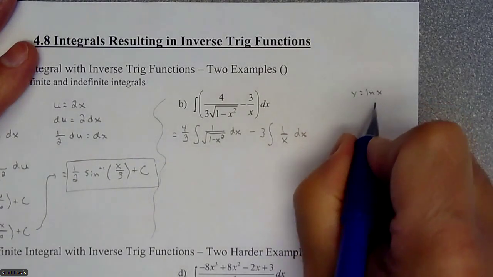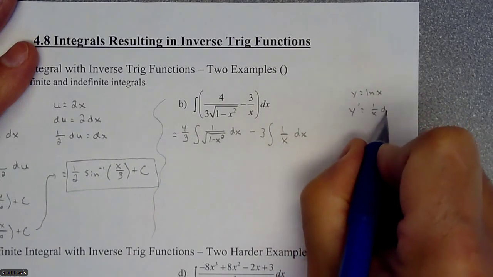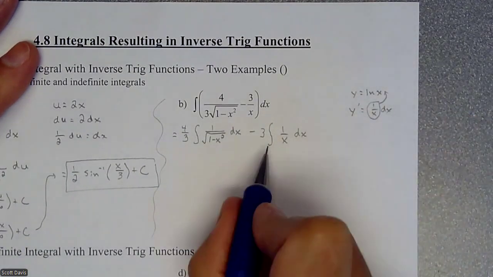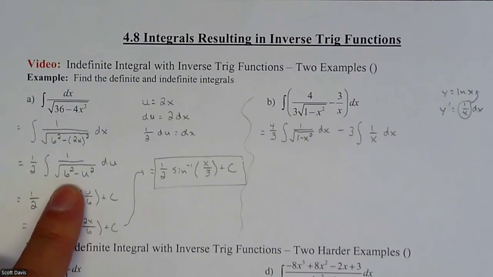All right, so I have a very natural log feeling on this. If I take the derivative of a natural log, I get 1 over x dx. So I'm going backwards on it, and that's going to be a natural log. So it's just going to be a 3 natural log, and this does not have a 6 on it.